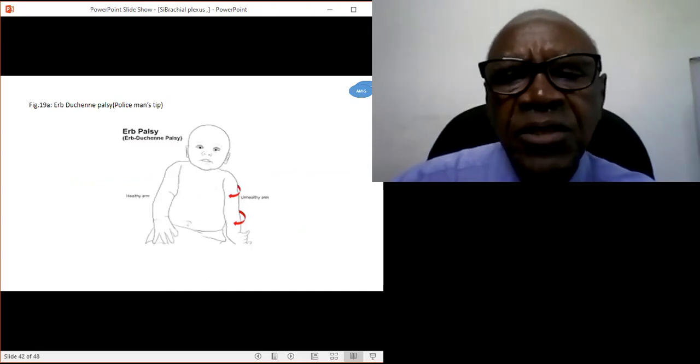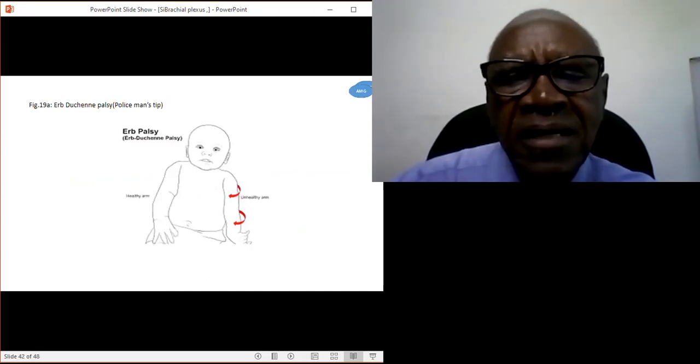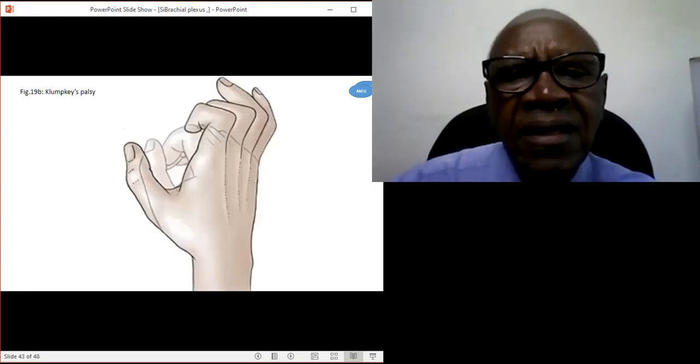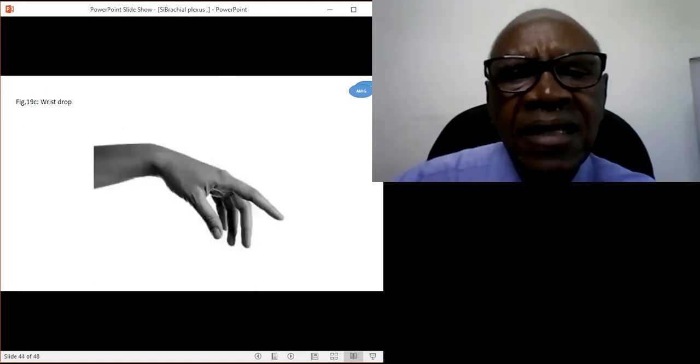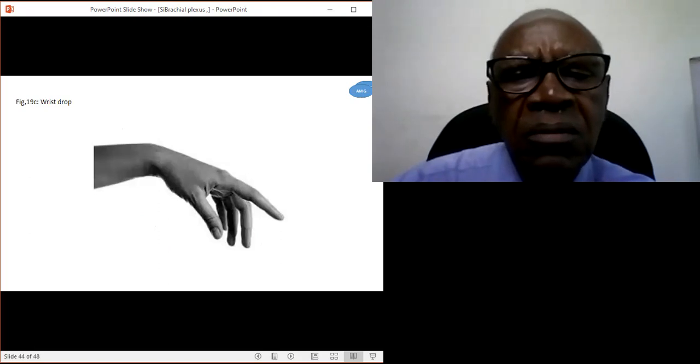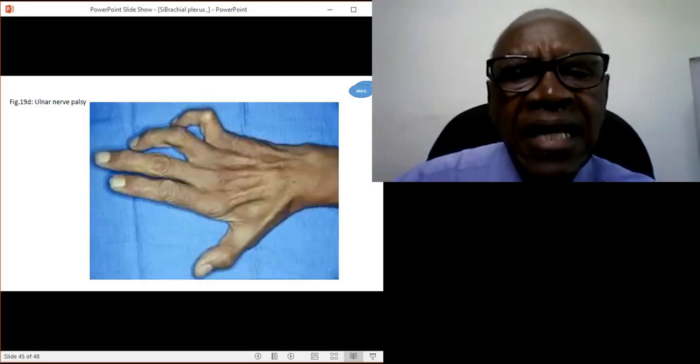19A shows the policeman's tip, which is Erb's palsy. Slide 19B shows Klumpke's palsy, which is a claw hand. Slide 19C shows a wrist drop. Slide 19D shows ulnar nerve palsy.